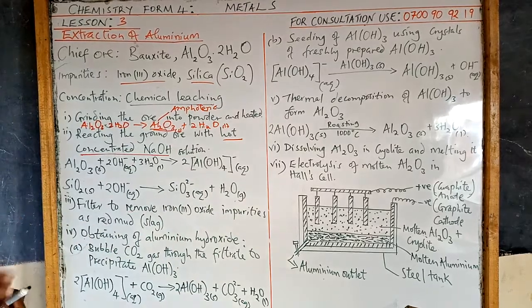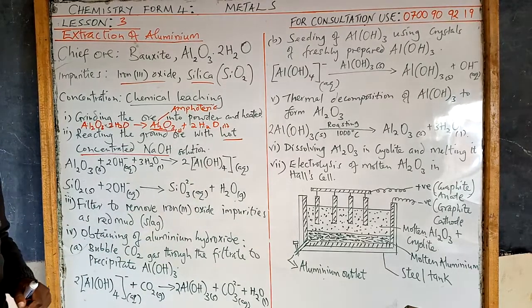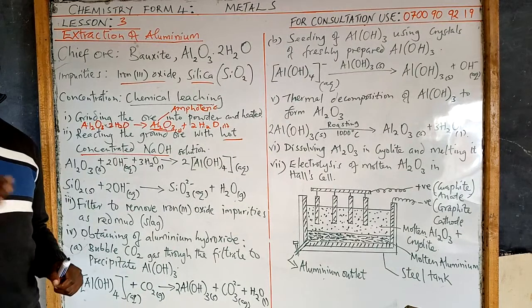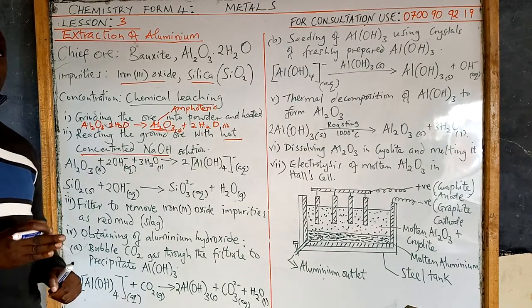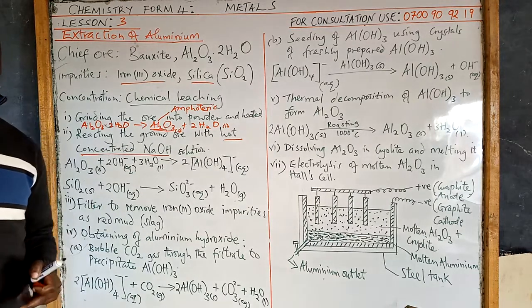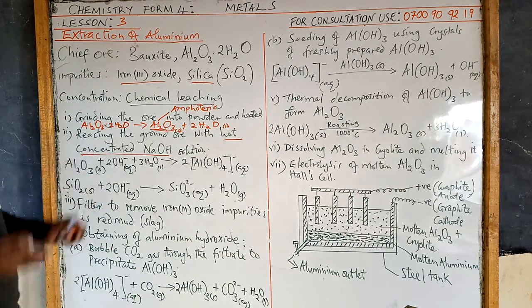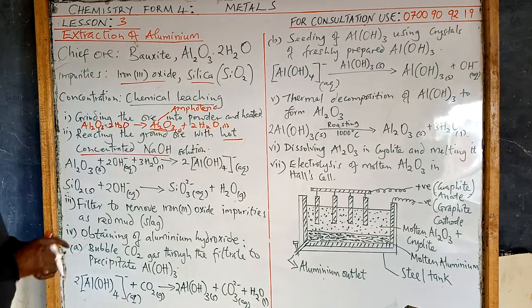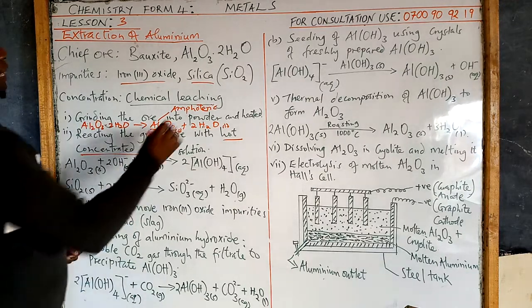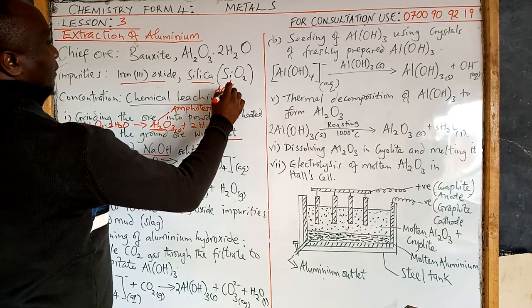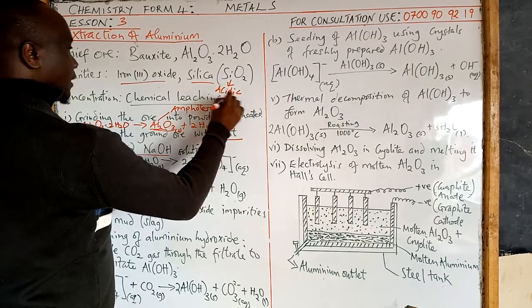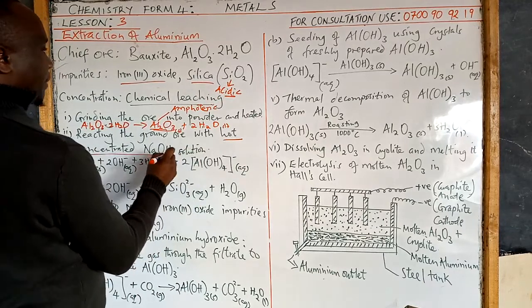Remember I said an amphoteric substance is one that exhibits both the acidic and basic properties, or it can react with acids and it can also react with bases. So aluminium oxide is an amphoteric oxide. Also in the mixture we have silicon 4 oxide. This is an acidic oxide. So being acidic, it will also react with sodium hydroxide.